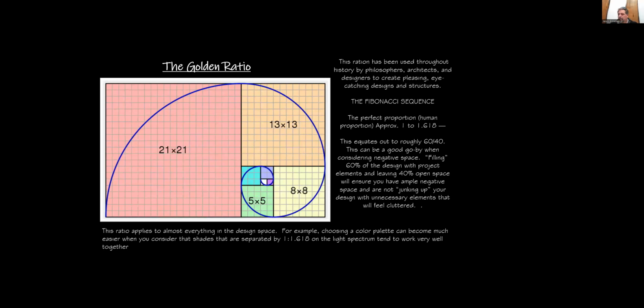Our human proportions, like the distance from our elbow to our hand is 1.6, and then our elbow to our shoulder is 1, and it goes down to the fingers, to everything. Our eyes and faces are put together on that same scale. It goes to the weather patterns, to the seeds in a fruit, to the spirals of a galaxy.